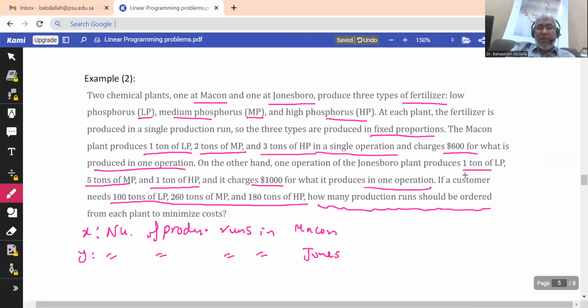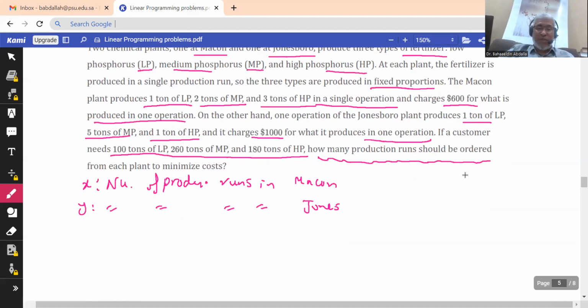Please read the question again carefully and notice that you only determine the unknowns X and Y. Here he said how many production runs, and we have only 2 types of production runs. Now, what is the next step?